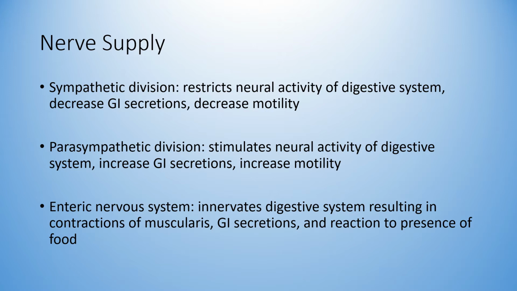Parasympathetic division, that rest and relaxation, does the opposite. It stimulates the neural activity of the digestive system. It's going to increase some of the secretions, increase motility. All of that is going to be helping you with the digestion and absorption of all the nutrients. Yeah, you want to absorb that sugar that was in that donut that you just ate.